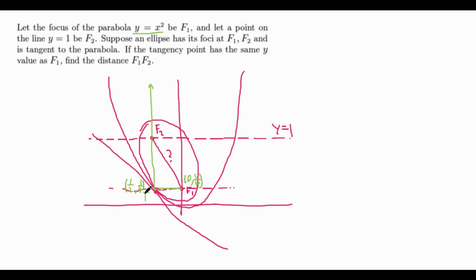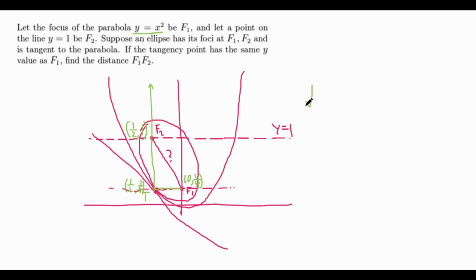And finally, as I was saying, this x value of T is the same as the x value of F2. So therefore, the coordinates of F2 must be (1/2, 1), because it lies on the line y equals 1. So now we're basically done with our problem, because we want to find the distance F1 to F2, and we know the coordinates of F1 and F2.